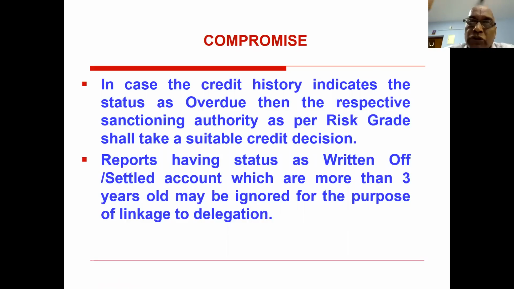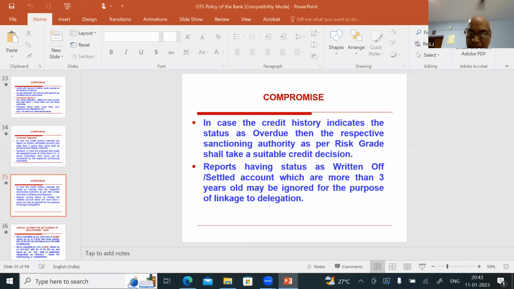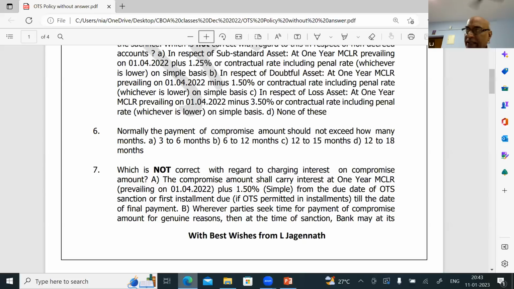Up to 50,000 you can give for agricultural activity. Who can give for the commercial segment, agriculture, and then the consumer segment. So for OTS settled parties also, fresh loans can be sanctioned, provided he is not a willful defaulter.